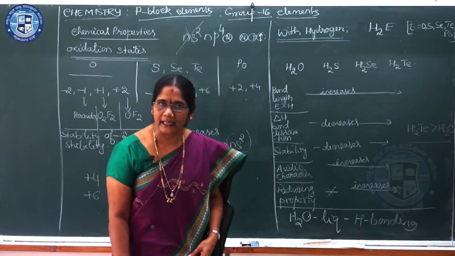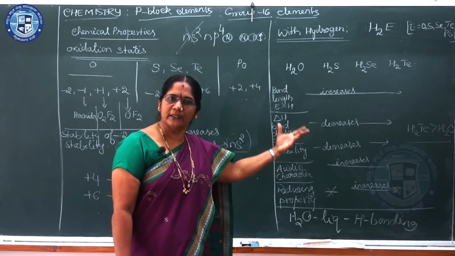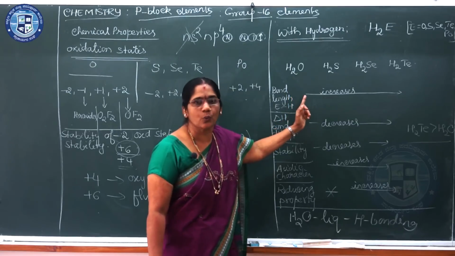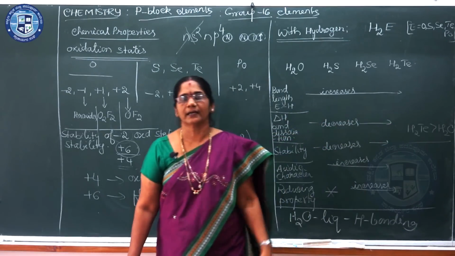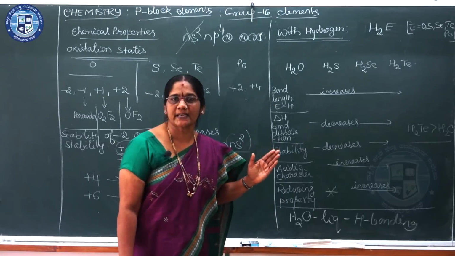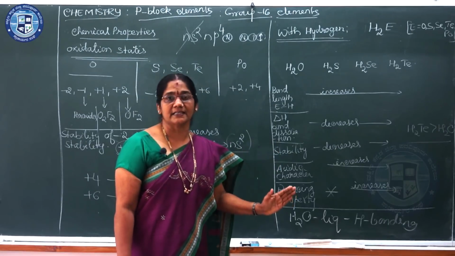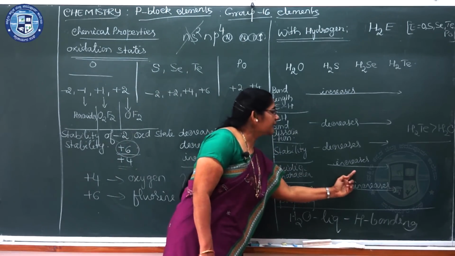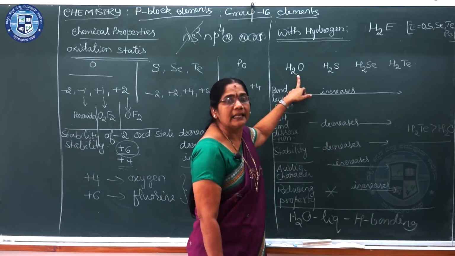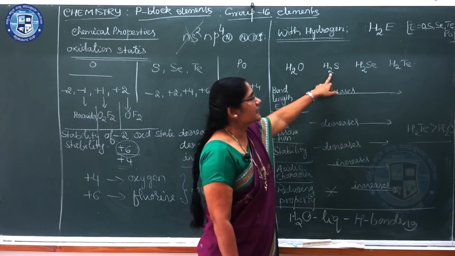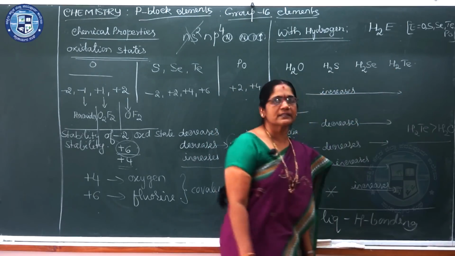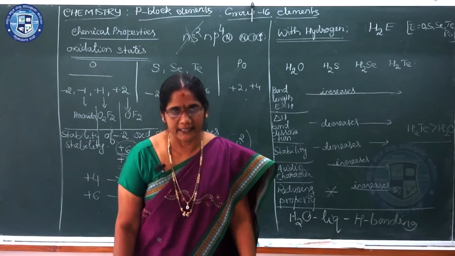For this type of question, you have to tell that from H2O to H2Te the bond dissociation enthalpy decreases and therefore acidic character increases. Therefore, water is the least acidic, then the acidity increases, and among these the most acidic is H2Te.